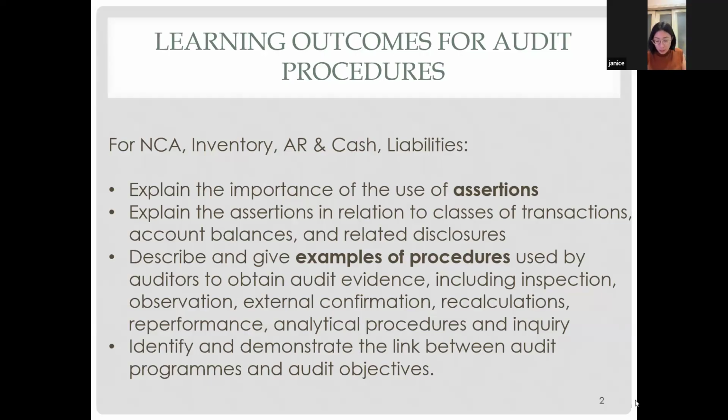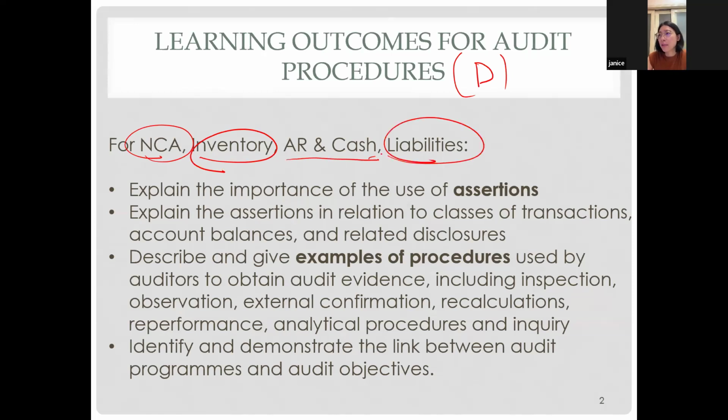In section D that we're studying right now, there are the 4 accounts: non-current assets, inventory, account receivable and cash, and liability. For all these accounts, it's very important that you understand the use of assertions, for the balance sheet or for the P&L.